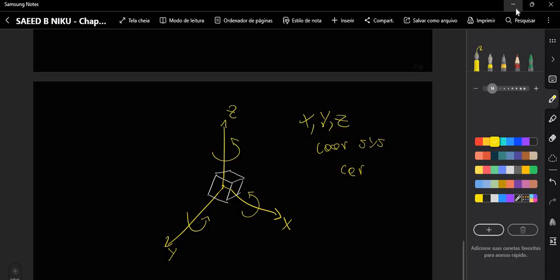And because of this, consequently, all that is necessary to completely define an object in space are 6 parameters that describe the location of the object in the referential system, and its orientation related to these 3 axes, X, Y, and Z.